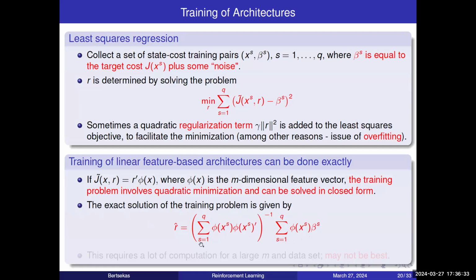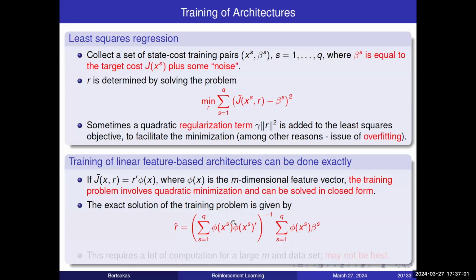Even though it looks reasonably innocent, it can be quite challenging when m is large. Note that φ(x) is an m-dimensional column vector and φ prime is an m-dimensional row vector, so this is an m by m matrix.